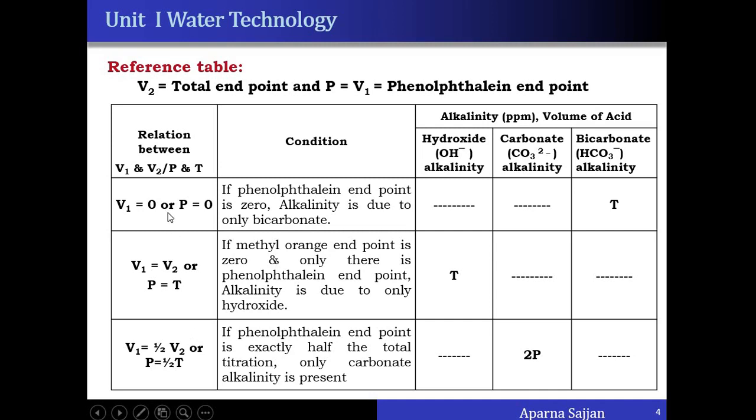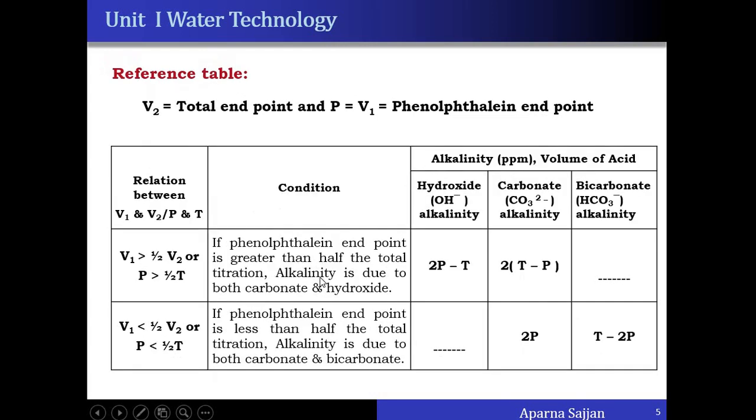So in the first case, if P is 0, that means phenolphthalein endpoint is 0. The total endpoint will be only up to methyl orange endpoint. That means alkalinity is due to bicarbonate alkalinity. And the total volume of acid is calculated by taking the T, that is total, which is used for calculating the bicarbonate alkalinity.